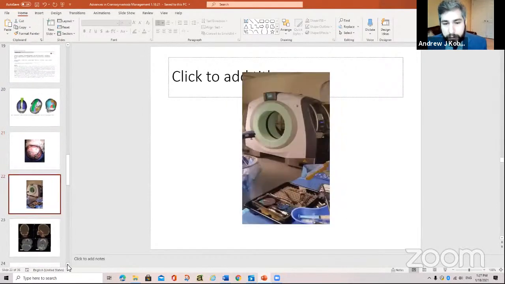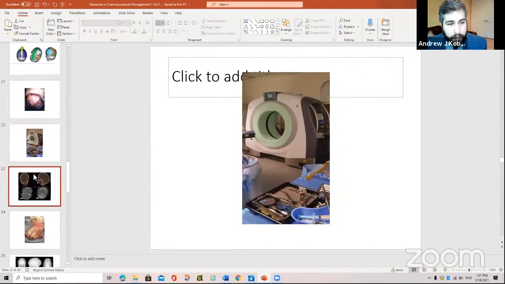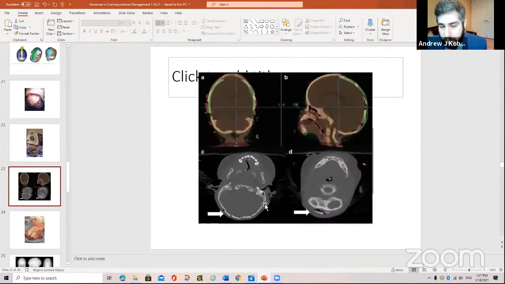We use intraoperative imaging in our operating room to generate an actual image of the patient on the operating room table, and then on the top panels, A and B here, we overlay, in the green section, what our preoperative plan for the reconstruction for this patient would be.